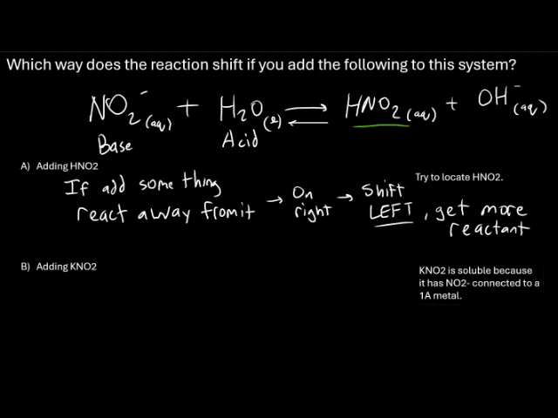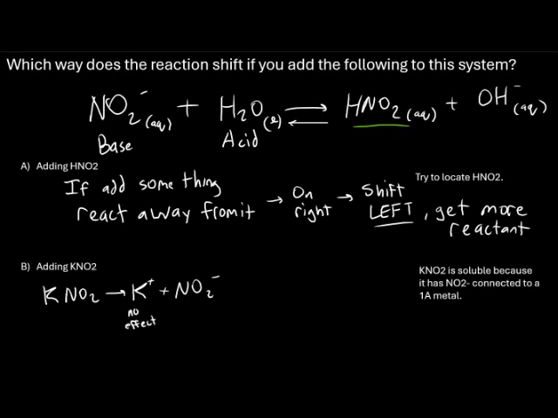Therefore, we begin by breaking KNO2 into pieces. If KNO2 breaks into pieces, you'll have K+ and NO2-. The K+ is not in the equation, and so it will have no effect.